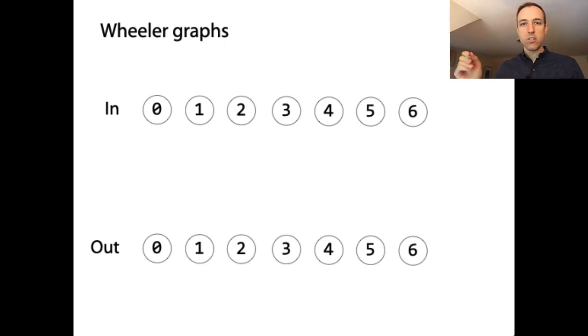When I draw an edge, I'm going to draw it outgoing from one of the replicas on the bottom. The nodes on the top, I'm going to call the in replicas. When I draw an edge, I'm going to draw it incoming to one of the nodes at the top of the diagram. So I'm going to write all the same edges that I did before, just in this new way where I'm drawing it from the out replica to the in replica.